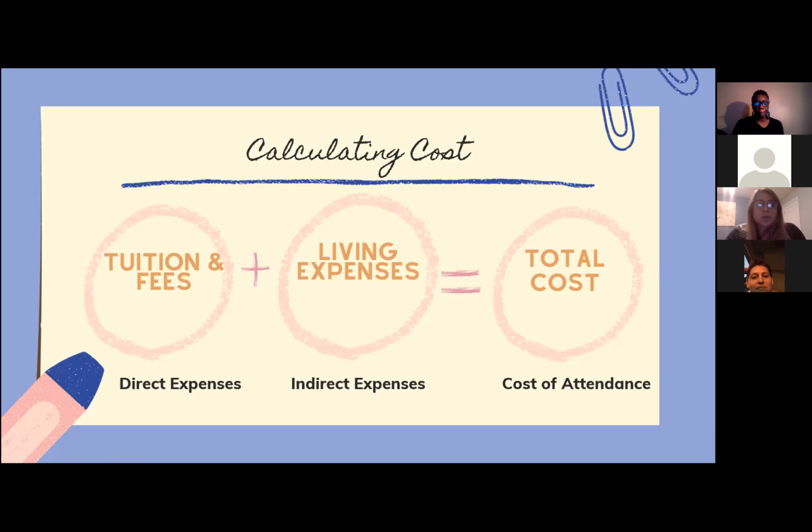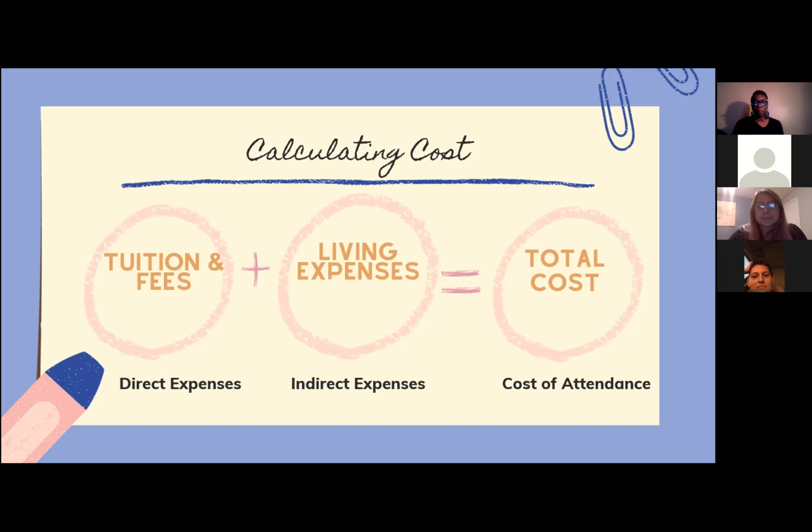So what your classmate may be borrowing may not necessarily be what you're going to be borrowing, and that is totally okay. But in order to borrow smart, we want to make sure that you only borrow what you need. And how do you know what you need? So what you want to do is you need to calculate the cost of attendance.